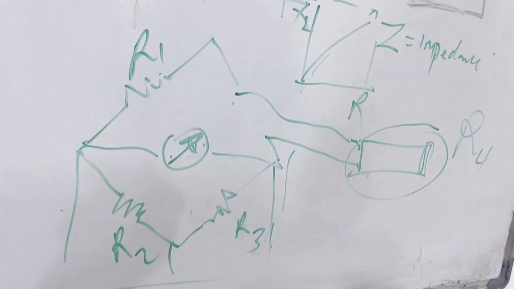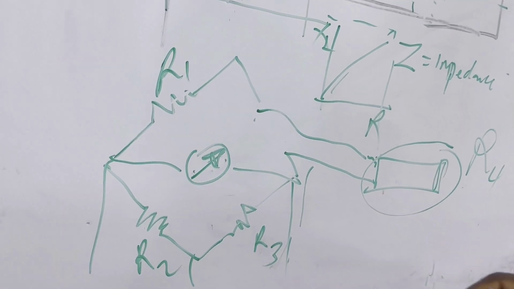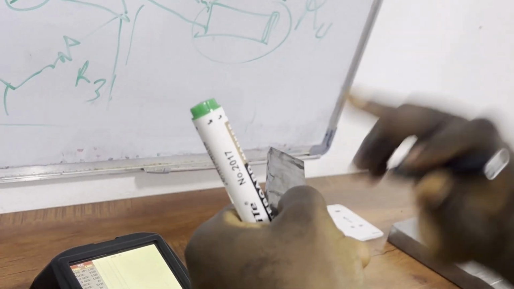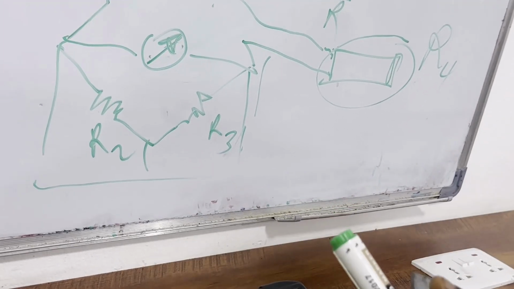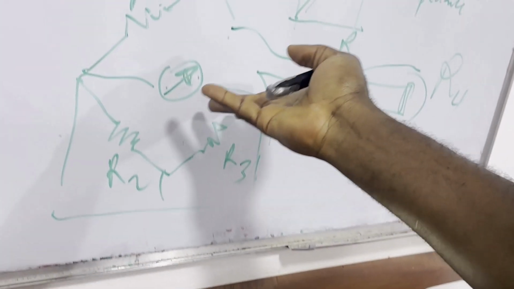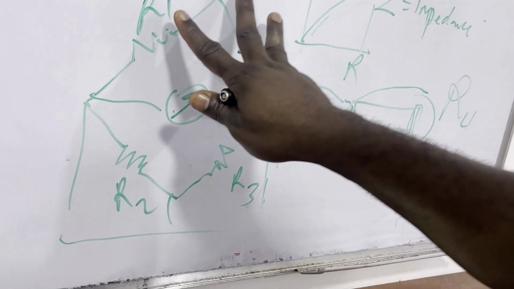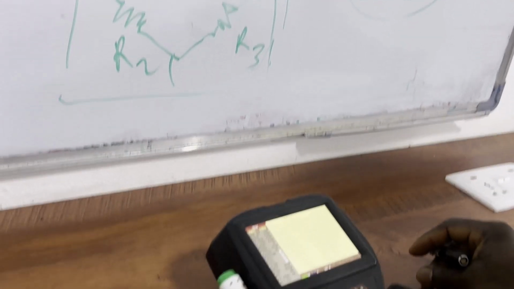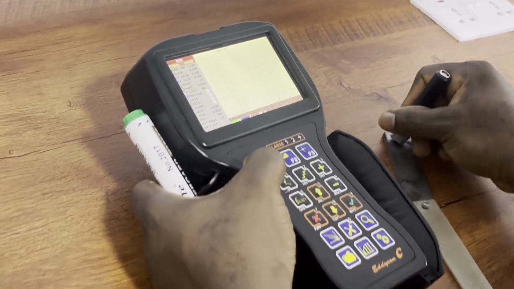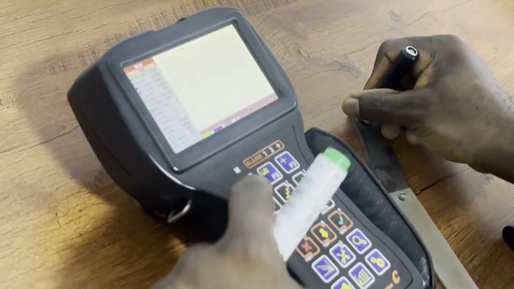So if I bring an eddy current probe close to any material, because the coil in this probe is interacting with the material, there will be a change in resistance or impedance, and that will lead to unbalancing of your bridge. So we always have this one button in the machine that will balance the eddy current unit.